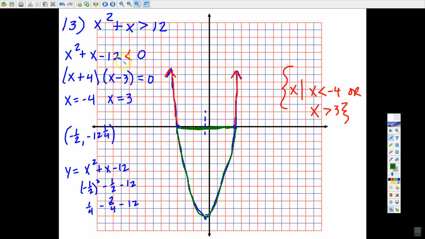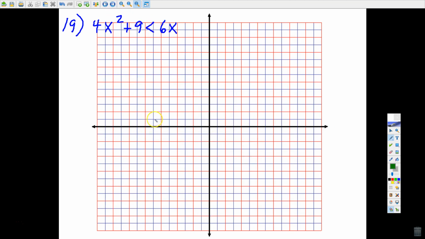Okay, just wanted you to see a quick example of the difference since both of our examples contained greater than. All right, so once again, same instructions to solve by graphing. Here we're going to make this an equation equal to 0.